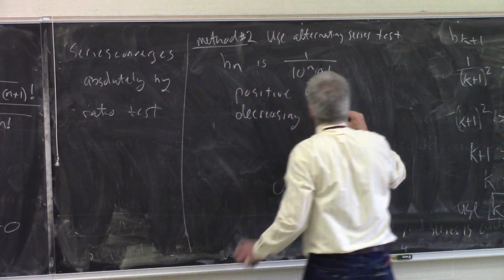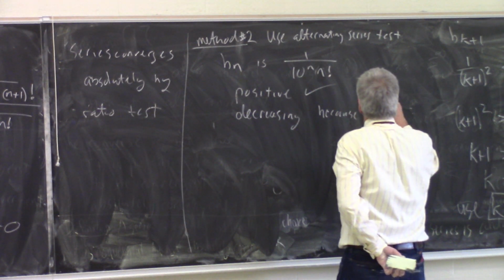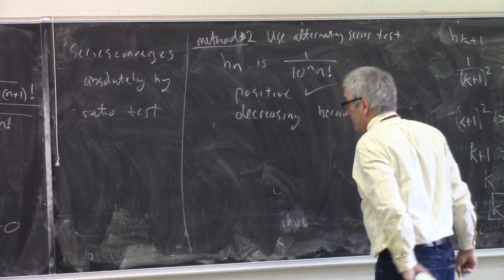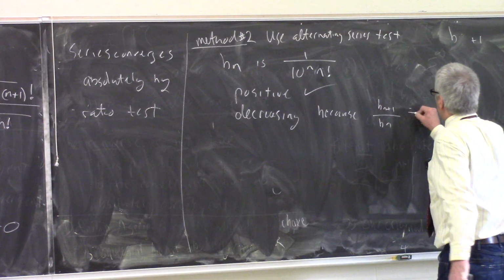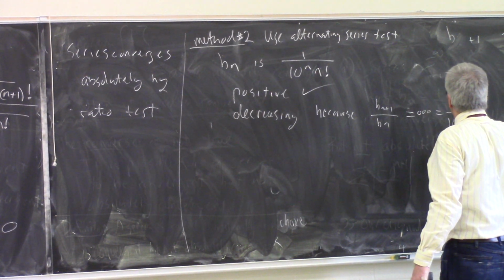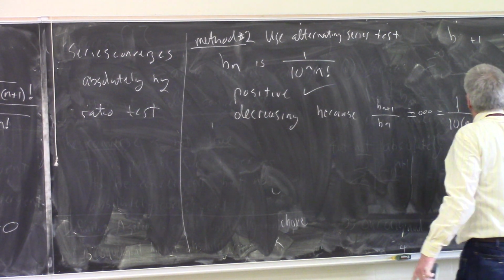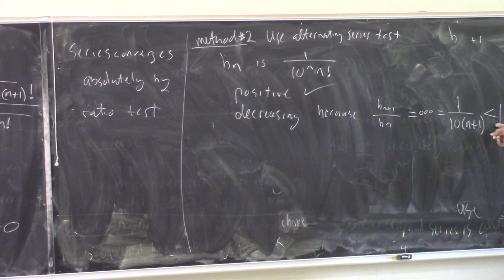Why? Well, let's see. b_(n+1) over b_n is going to be, well, let's go through all that stuff. It's going to be 1 over 10 times (n+1). That's less than 1. We already found out that the limit of this thing is 0, but if I just look at the ratio, it's always a number that's less than 1.